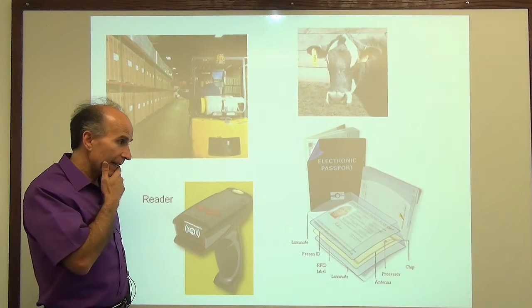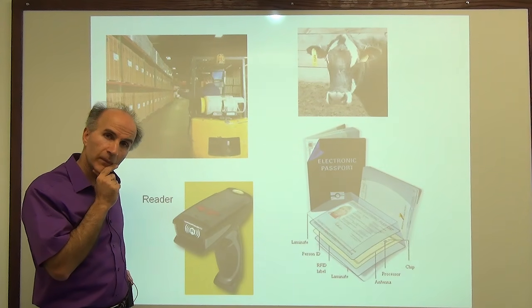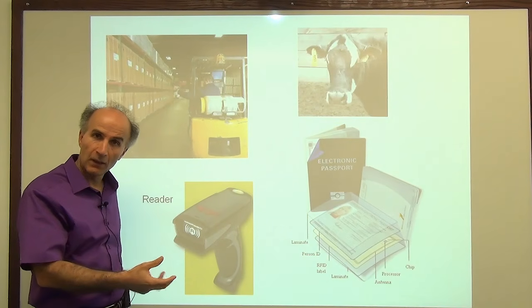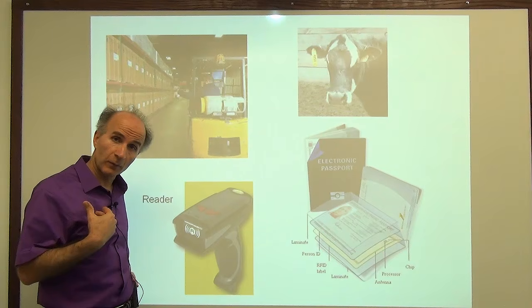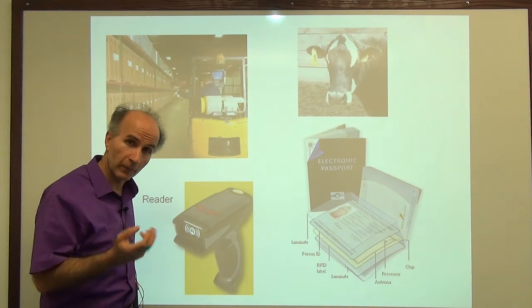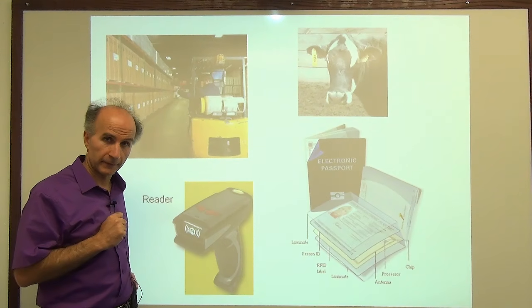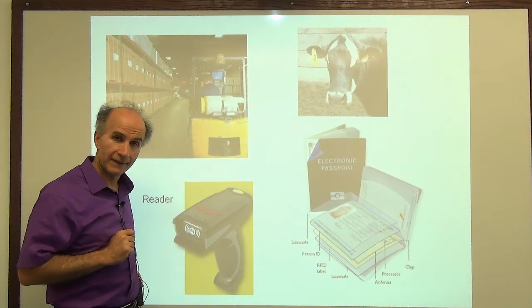So if it doesn't have a battery, then how do we make the chip work? The chip has some information in it, has some memory, some other circuitry. Obviously, it has to be powered up before it can give us any information or receive any information. So how do we power up the chip? That is the interesting challenge in RFID design.